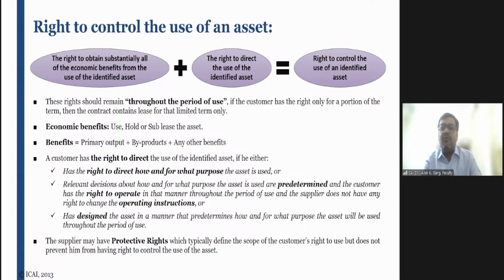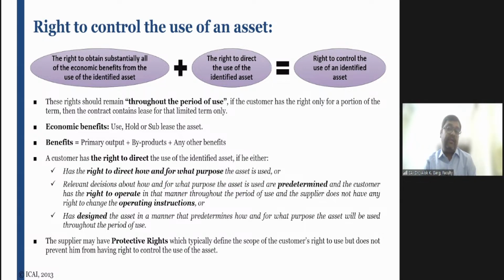Then the accounts manager replies, madam, the government is providing this subsidy on the manufacturing or producing of the goods. We are producing the goods, right? We have only taken this machinery on a lease basis. We are putting in our raw material, we are producing the goods, we are putting in our efforts, and we are receiving the subsidy. We are entitled to receive the subsidy.